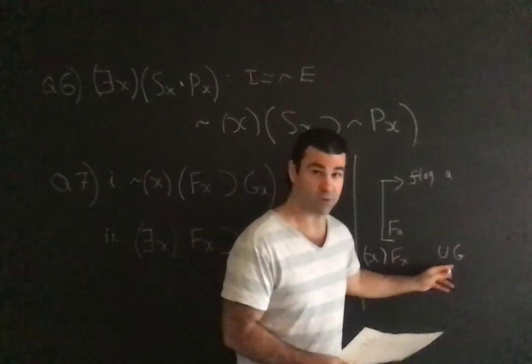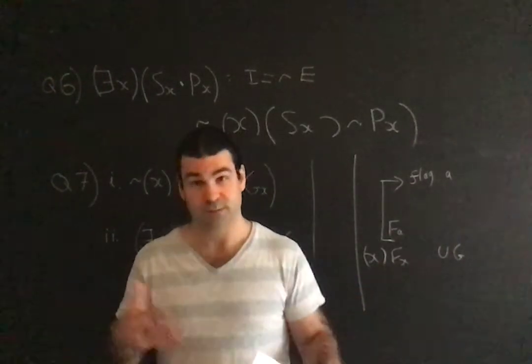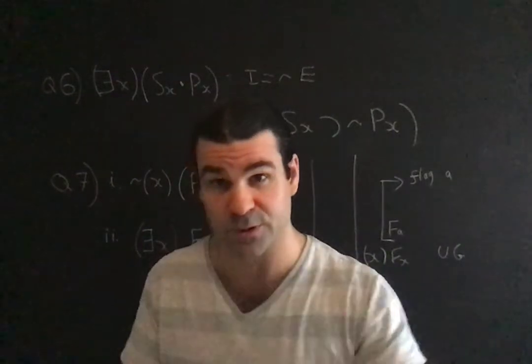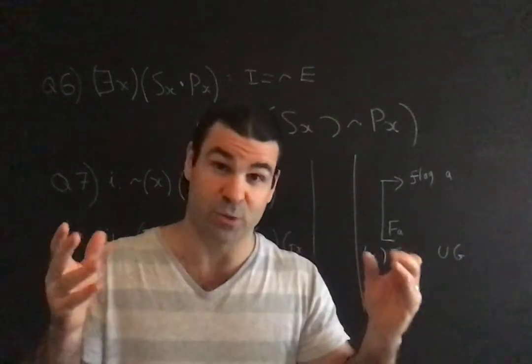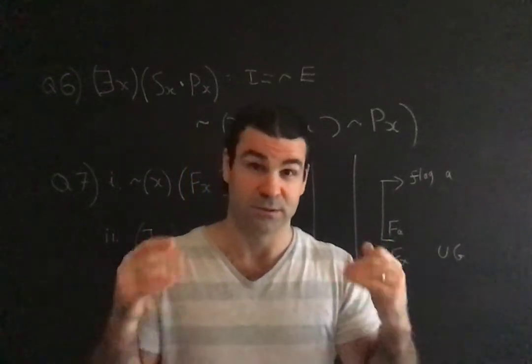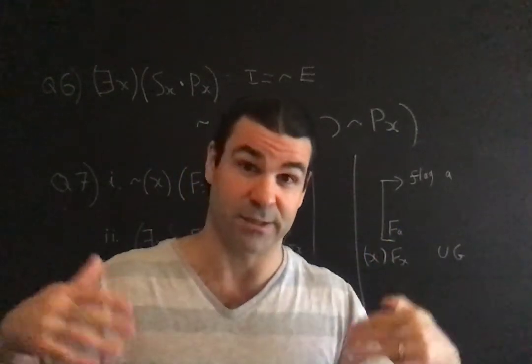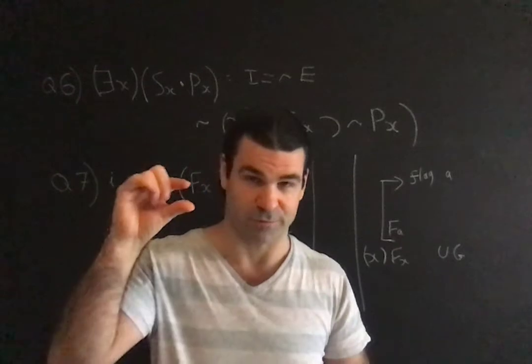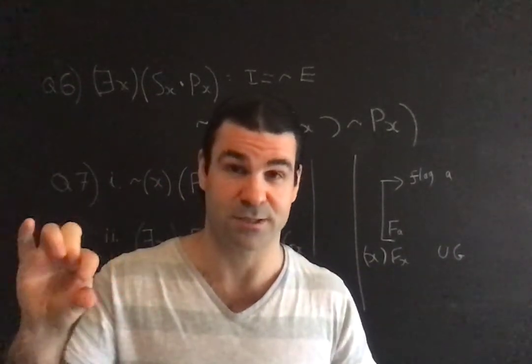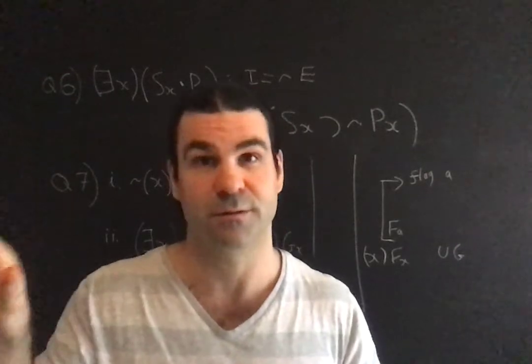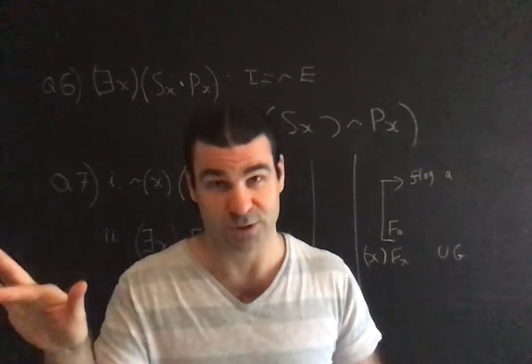What is universal generalization? It is generalizing, so it's going from an instance to a quantified formula, to which quantifier I'm adding. Existential generalization is adding the existential quantifier, going from it's true of some individual to there exists an x such that that propositional function is true of x.